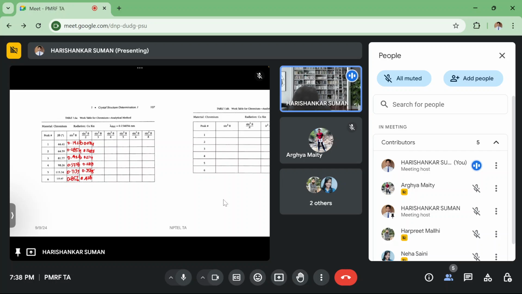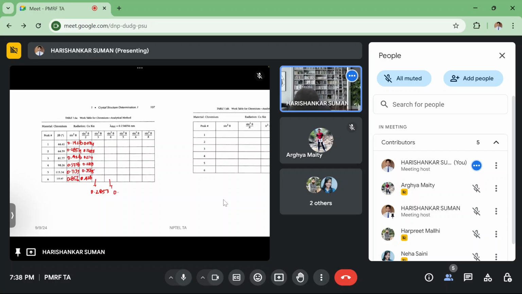Similarly, divide by 3, 4, 8, 5, 6, divide by 2, 8, 5, 3, 3.